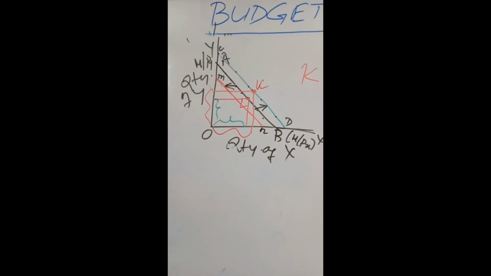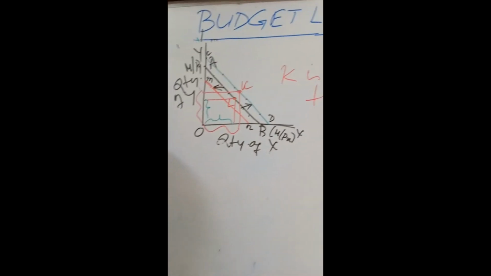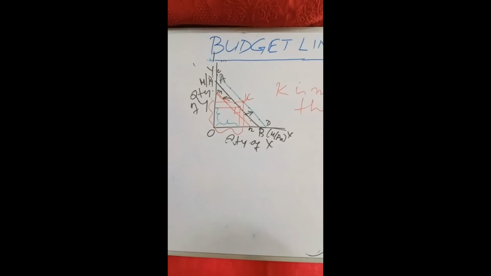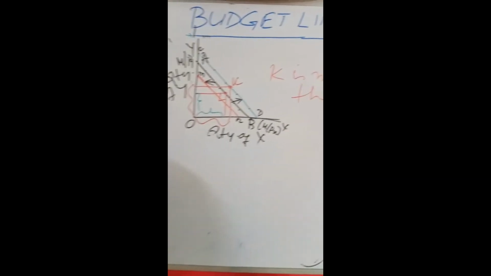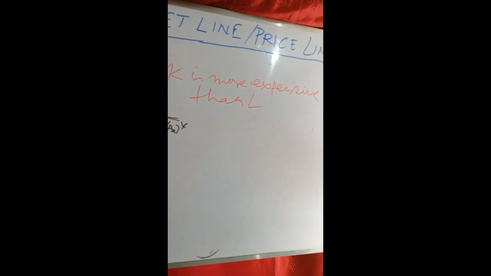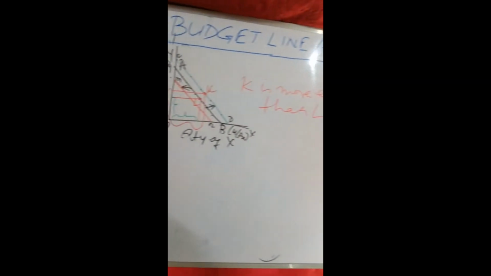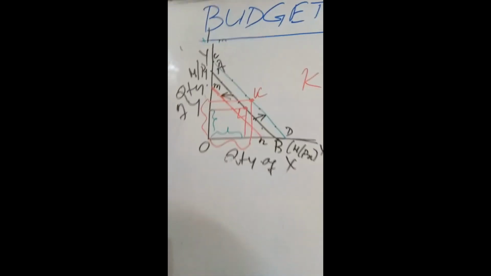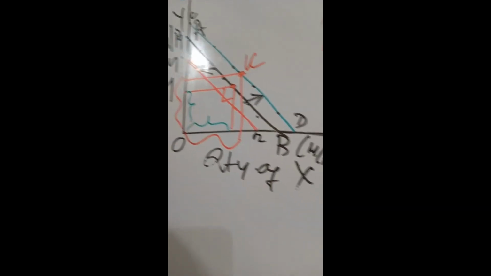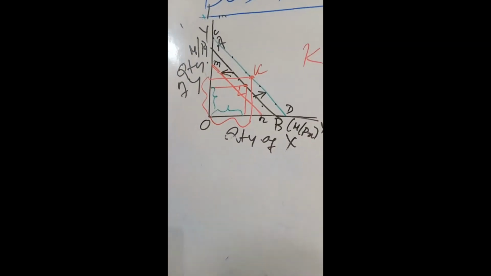So you see, when prices of the commodities change, either of X or of Y or of both, then slope of the price line changes. If income of the consumer changes, either falls or increases, then the budget line shifts parallelly either towards left or towards right.